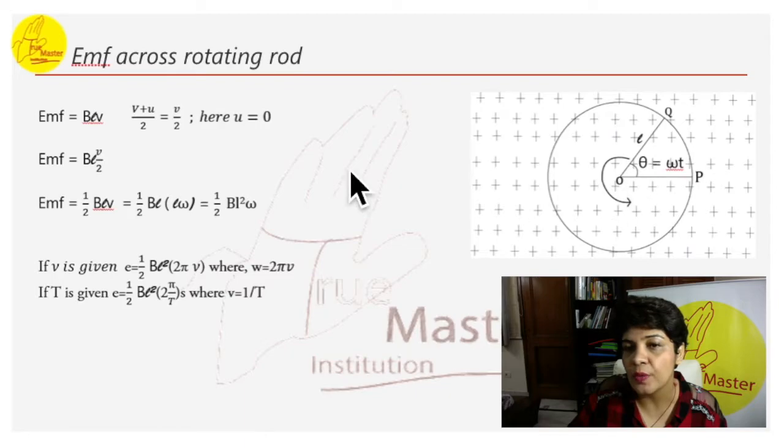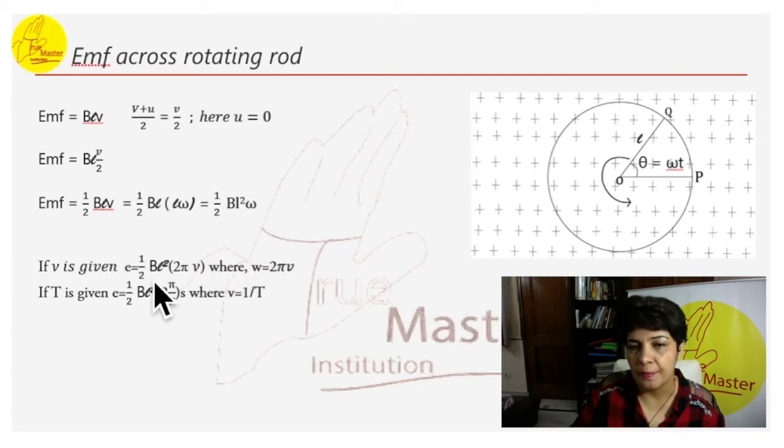So, it will become BL V by 2. So, EMF will be equal to half BLV, and because it is rotational motion, V can be written as L into omega. So we can write half BL L omega, which becomes half BL square omega.